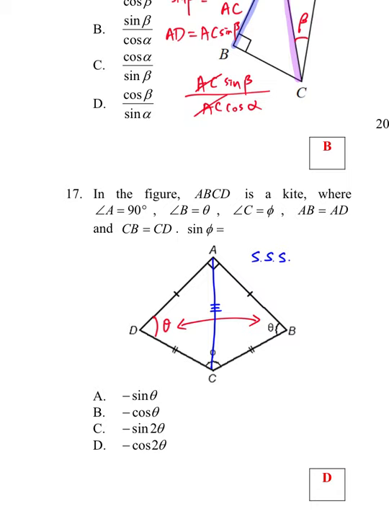Of course, you may say that this is a property of a kite, but the point is, after you add up the angles together within the kite, they have to sum up to 360 degrees by the angle sum of polygon, and therefore phi will be 270 degrees minus 2 theta.